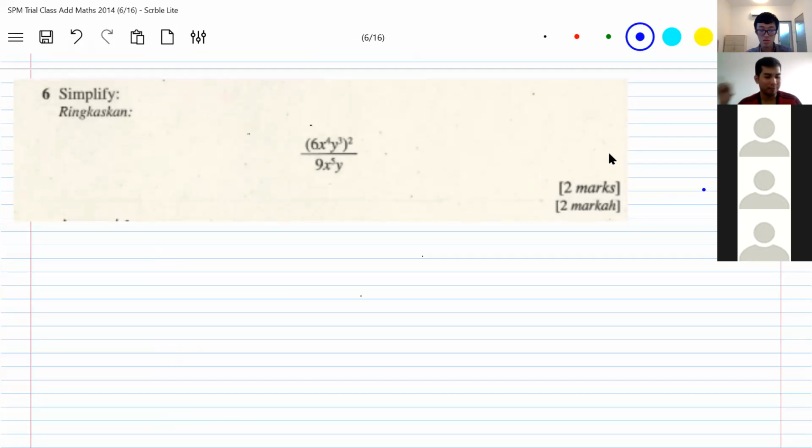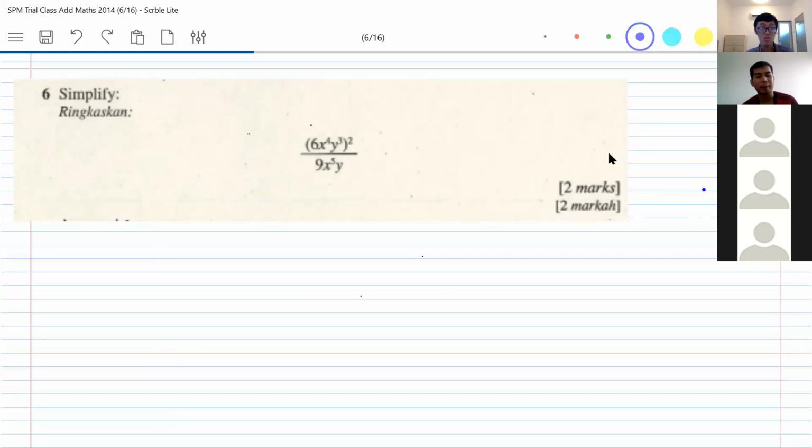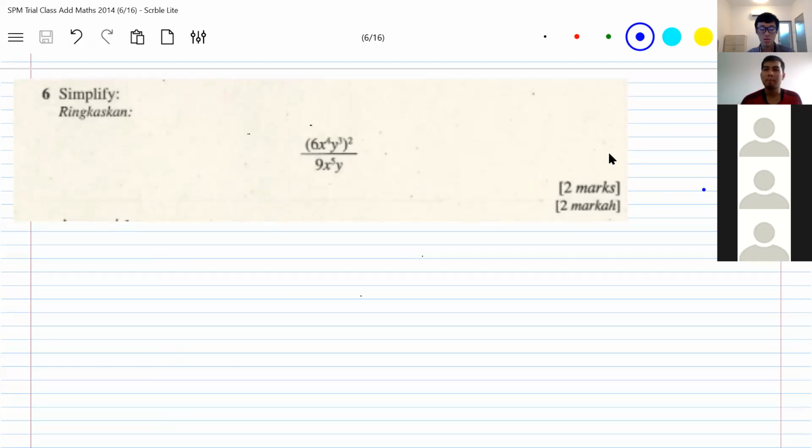There are a couple of rules for indices. In fact, they are actually in your formula sheet, right? But it is best to know it offhand without referring to your formula sheet as much as possible, because that consumes a fair bit of time, right? So I'm just going to lay down some ground rules here for indices at least.